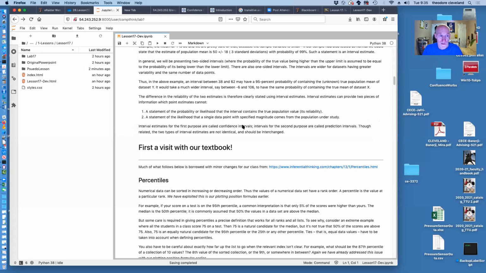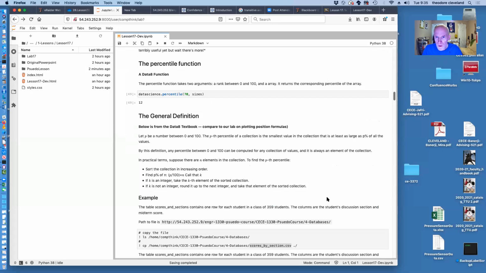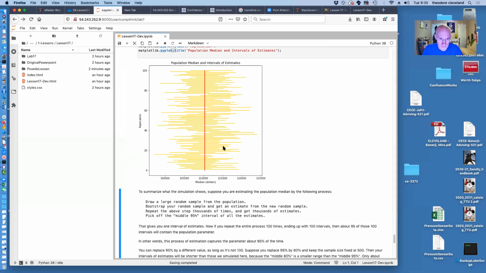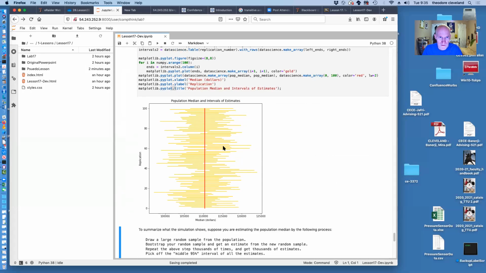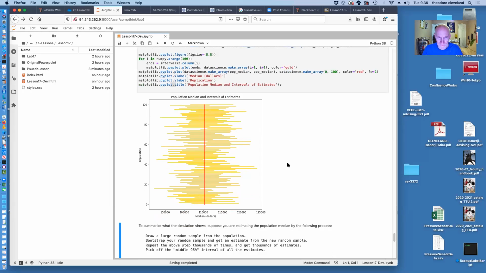So that concludes an introduction to interval estimates and bootstrapping. The reason both of those had to be presented is that bootstrapping is referred to quite a bit in interval estimates and in professional literature. But our goal is to come up with one of these yellow lines for our data sets.